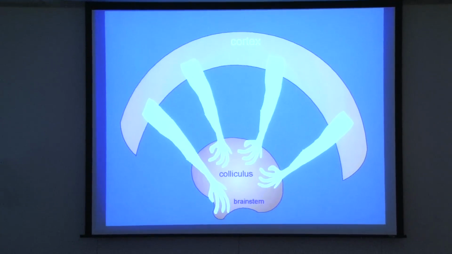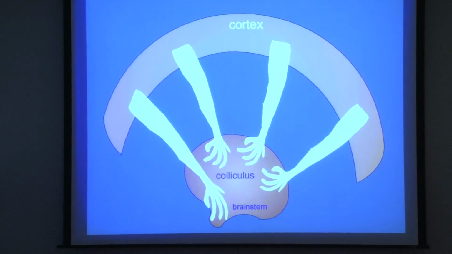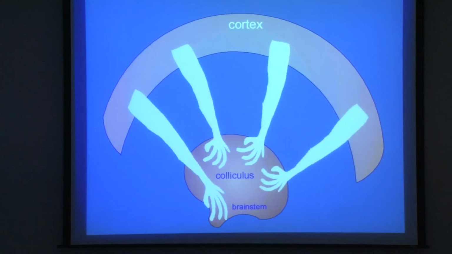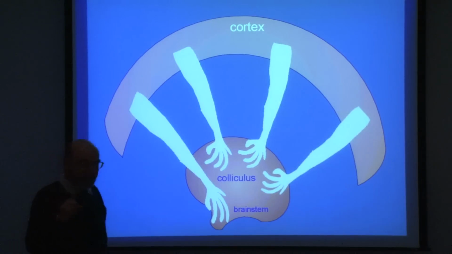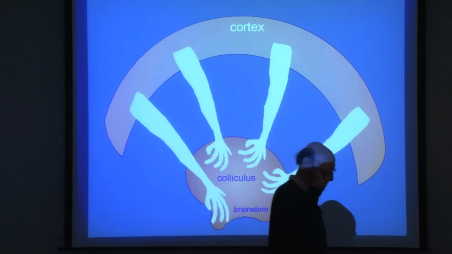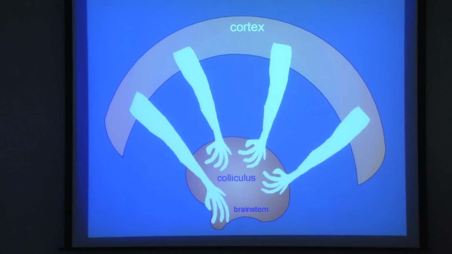Okay? So to put this in an easy to remember diagram, when you come to these higher level animals, what happened is that due to encephalization, the cortex gained control over the superior colliculus, excepting the superficial gray. Everything else in the colliculus is controlled by the cortical downflow.